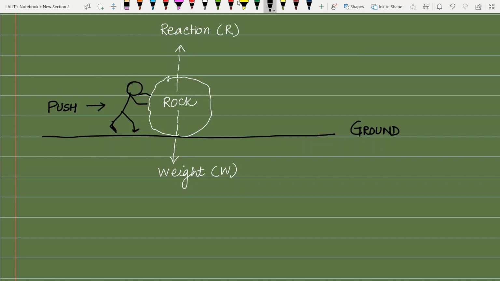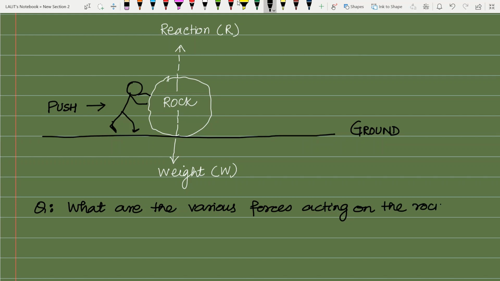So what are the various forces acting on the rock now? We have already marked two forces. One of them is the weight acting downwards, and there is a reaction force which is acting upwards. Now what are the other forces?